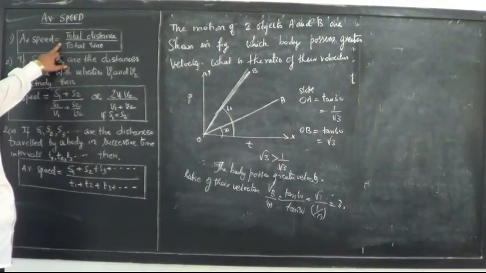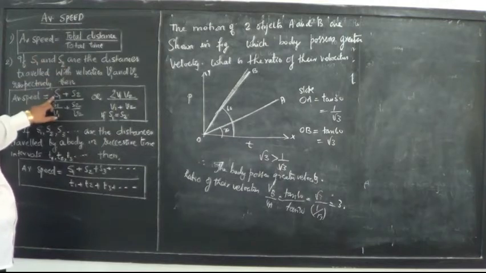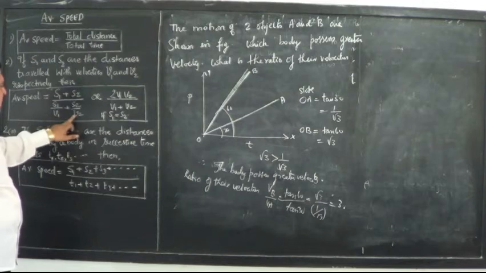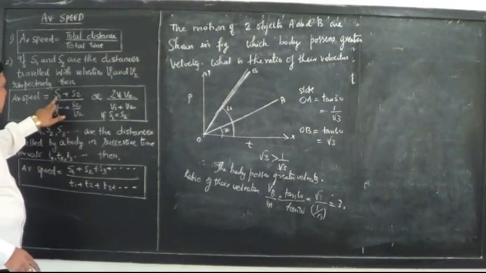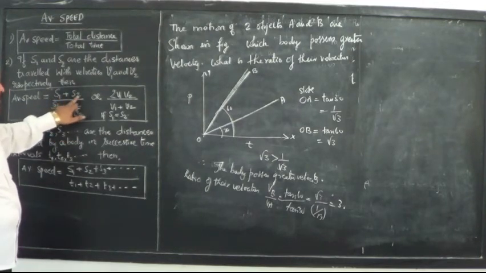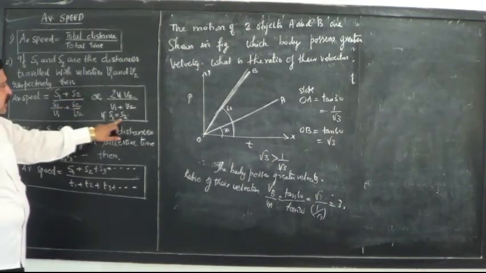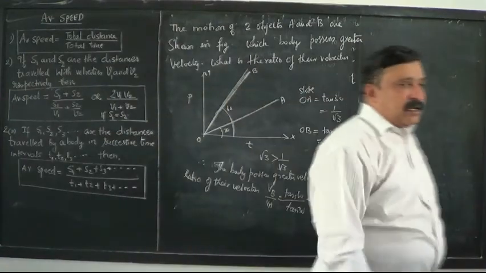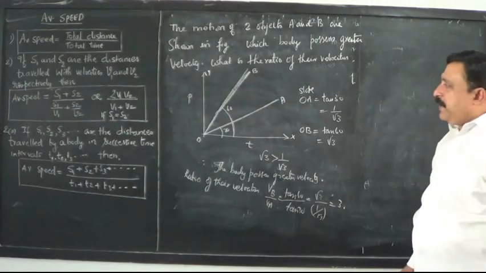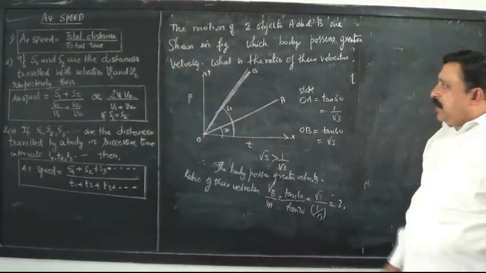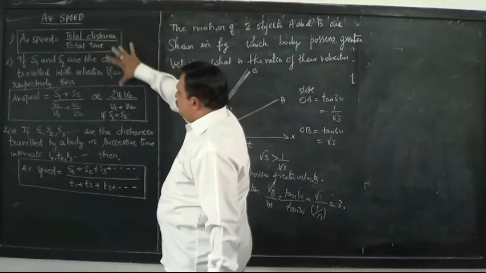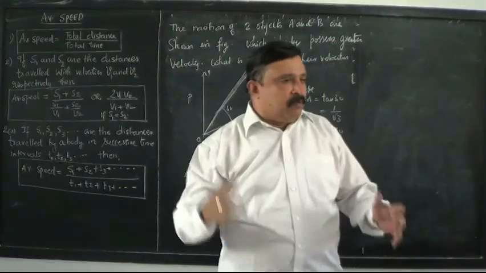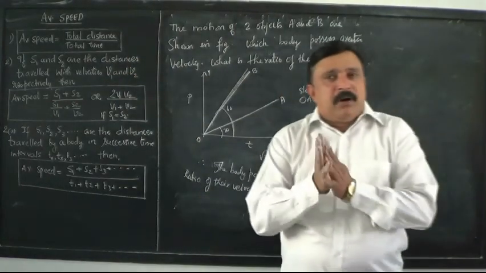It is given by S1 plus S2 divided by S1/V1 plus S2/V2, where V1 and V2 are the velocities of the body while it describes the distances S1 and S2. And if S1 equals S2, then the average speed is 2 V1 V2 divided by V1 plus V2. These two are the most important formulas that you should keep in mind to do the problems. Anyway, we will do more problems in the next class.